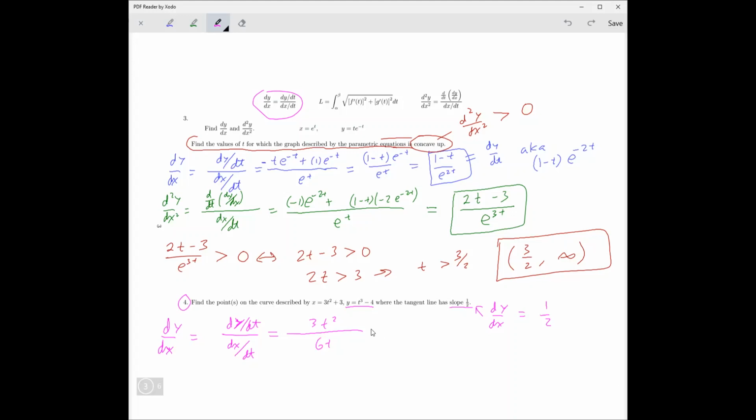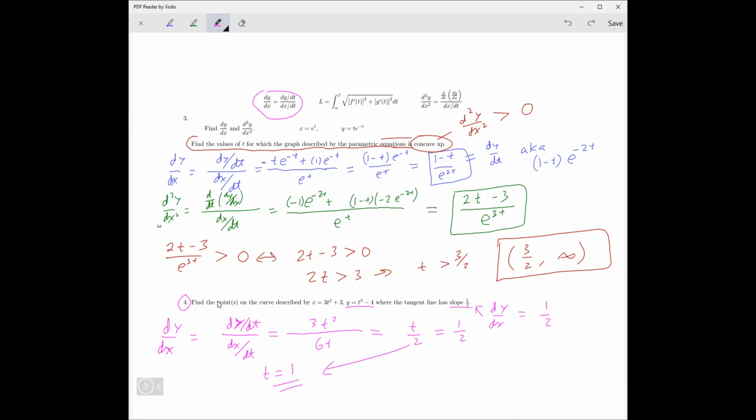And that is going to be t over 2, because this t reduces that t squared to a t, and then 3 over 6 is 1 over 2. And then you're going to set that equal to 1/2. And the only way that's going to happen is when t equals 1. That's the only solution to this equation, when t equals 1.